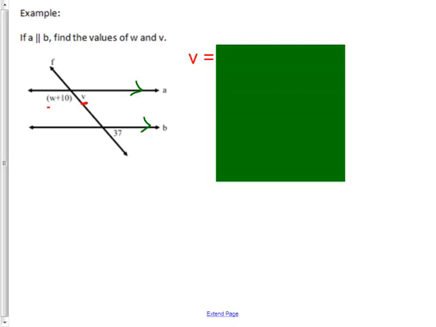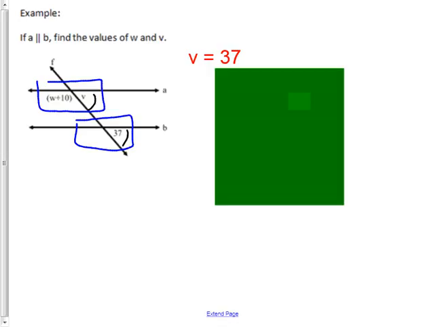Now if we look first at V, in this case, V corresponds with 37 here. They're both the bottom right value at their intersection. So if I draw that box, here's one and here's one, they're both bottom right. So we know for sure then that V has to equal 37. We've already figured that one out.